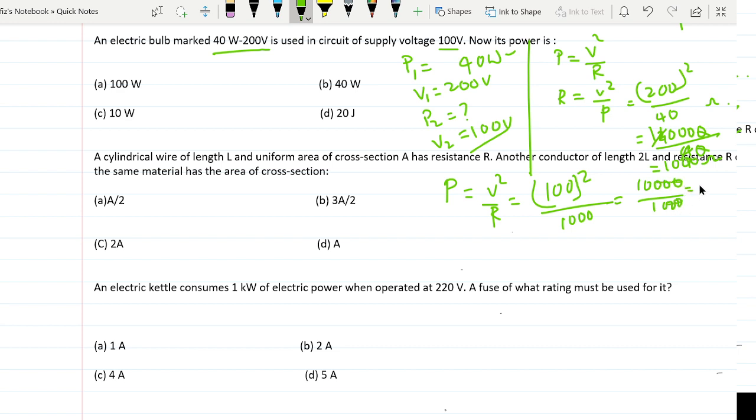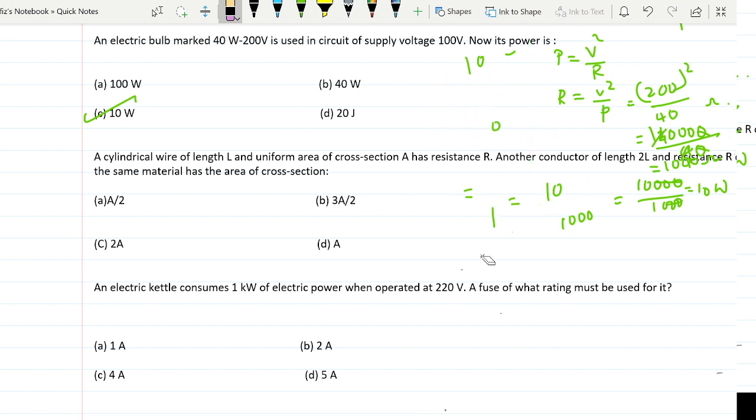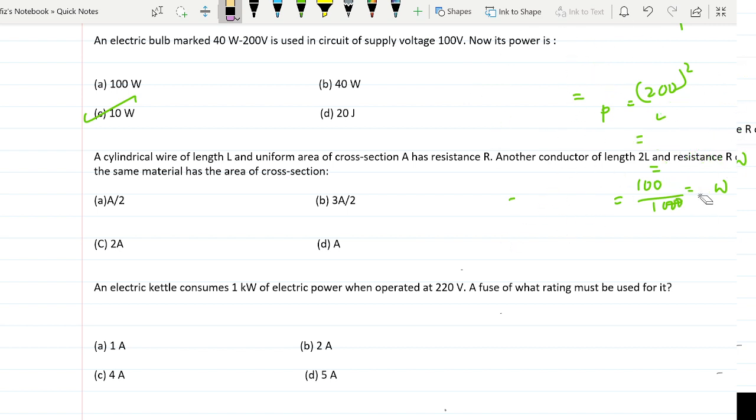So here you get 10 watt. So children, option C is correct here. Okay, remember how you will do all this. Remember the points, how I am doing, just follow those steps. Anyhow, you read the next question here and try to do it.